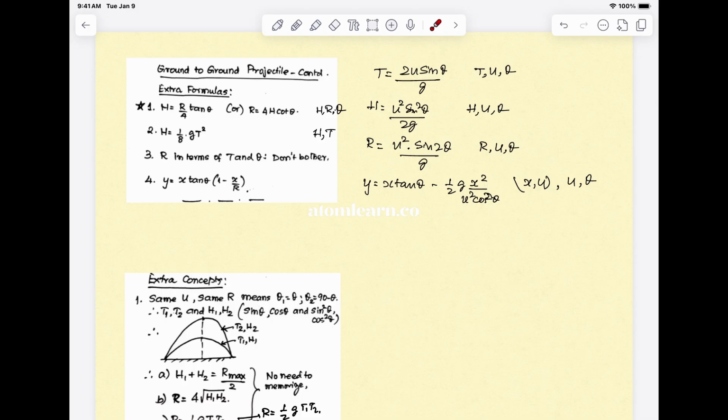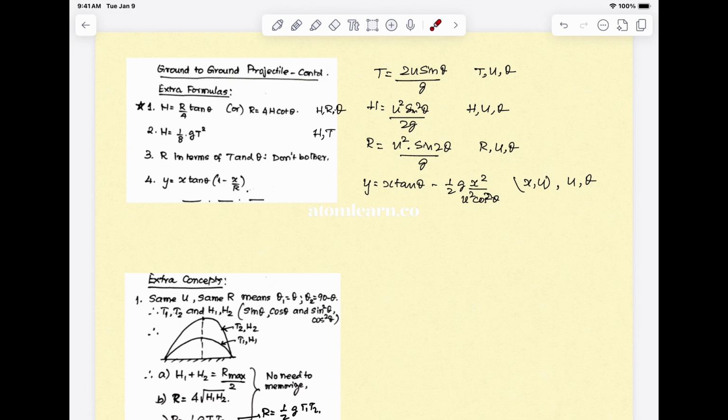Okay, therefore the r, t and theta relation can be got if you want it. But as I told you, I don't want you to overload yourself by remembering too many formulas. Therefore I just kept it out.